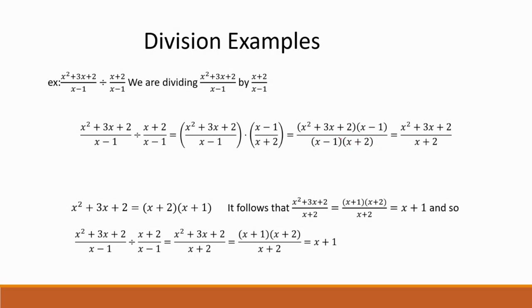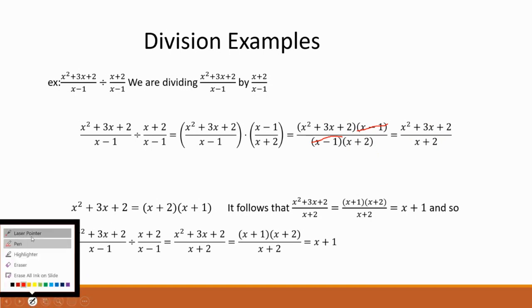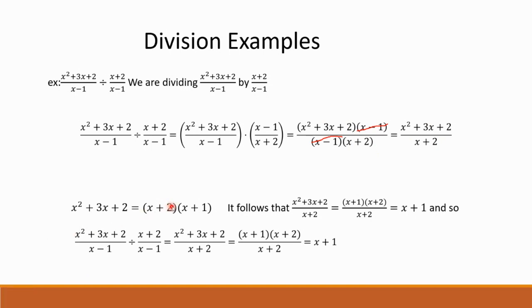Now, right away, you could simplify a bit, namely the x minus ones you can cancel, like so. So those are gone, and we're left with this. Now, the numerator is pretty easy to factor. I know we could have used the factor theorem, but let's just factor right away because the top is easy to factor.